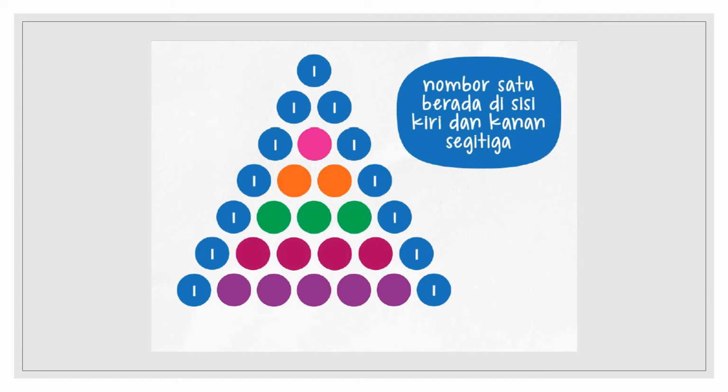The next number can be obtained by adding the two numbers above. For example, in this Pascal triangle, what is the number that we can put in the pink circle? The number here can be obtained by adding the two numbers above, which is 1 and 1. 1 plus 1 equal 2.